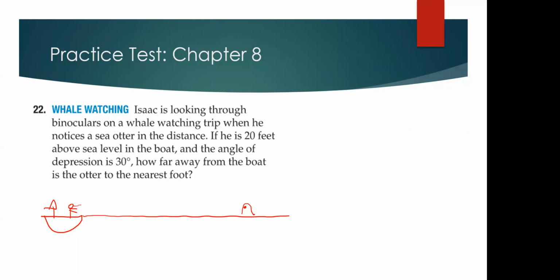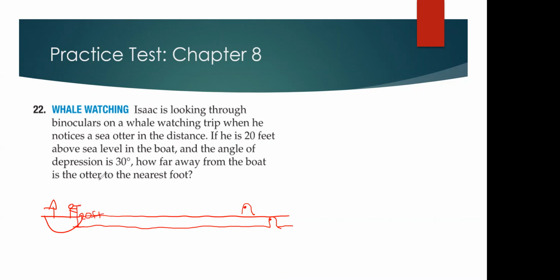From where he is to the sea level, it's about 20 feet. I should have drawn sea level over here. There's the sea otter. So from here to here, this is 20 feet.